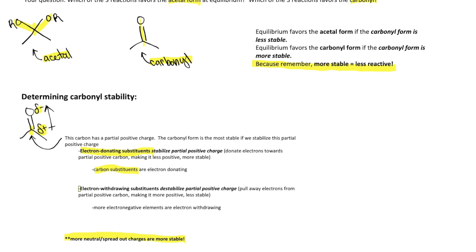On the other hand, electron withdrawing substituents will destabilize our positive charge because they will pull electrons away from this partial positive carbon. If we're pulling away electrons, which are negatively charged, we are making this partial positive even more positive than it already is, and less stable. Electron withdrawing substituents would be more electronegative elements like oxygen or fluorine.